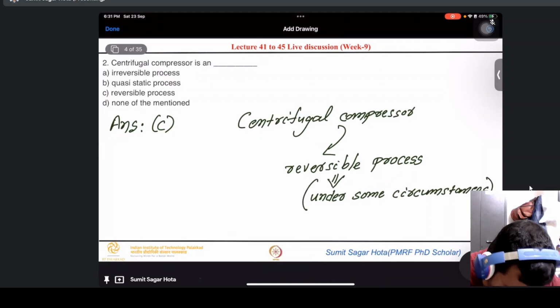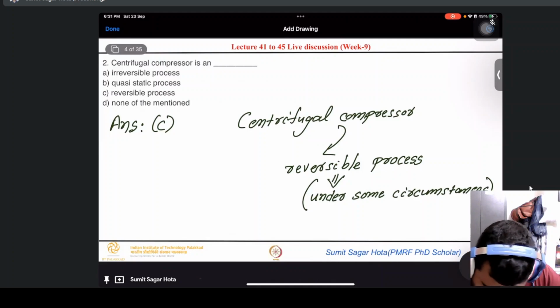Under some circumstances the centrifugal compressor goes through, or acts like, a reversible process.